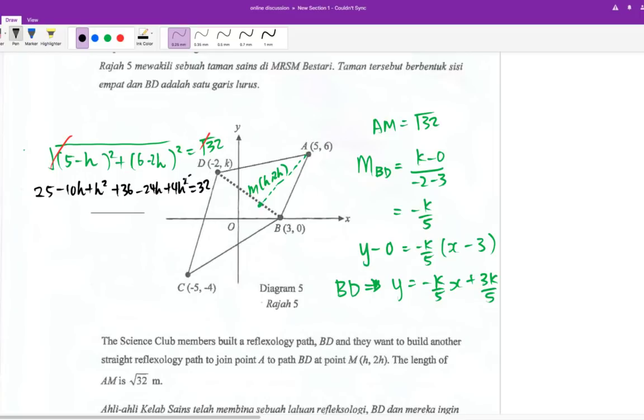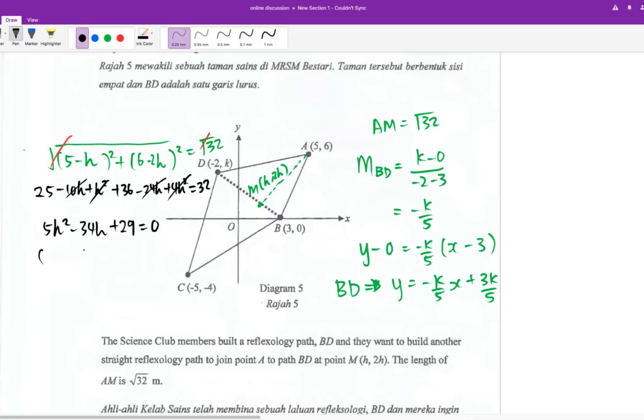Alright, I will solve it. 4h squared plus h squared, I get 5h squared. This one negative 10h, and this one minus 24h, so minus 34h. Then I have 32 moved to the other side, minus 32. 36 minus 32, I will be left with 4. 4 plus 25, which is 29, equals to 0.